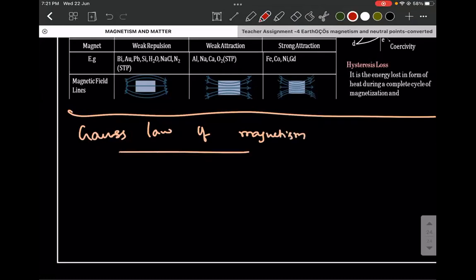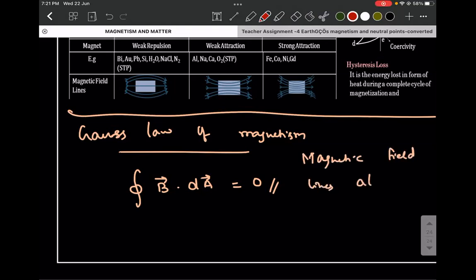So Gauss Law of Magnetism states something like this. The loop integral of B vector dot dA vector is always 0, because magnetic field lines always form closed loops.